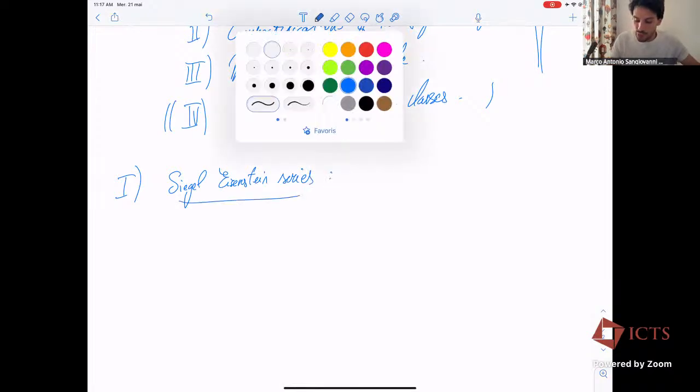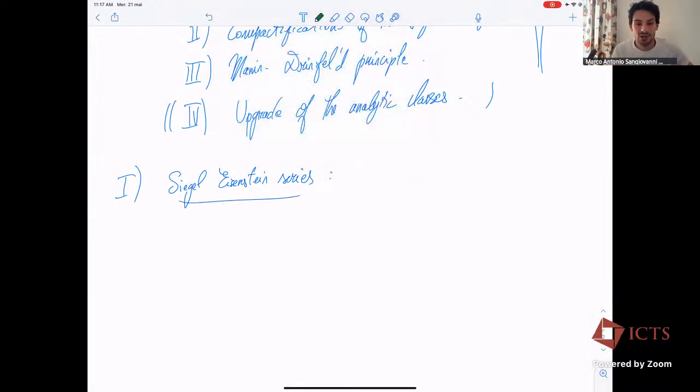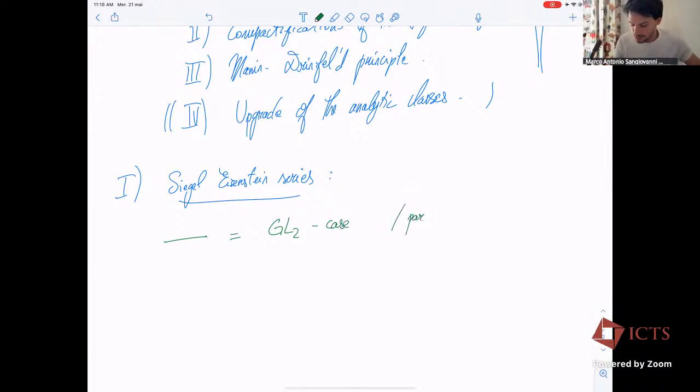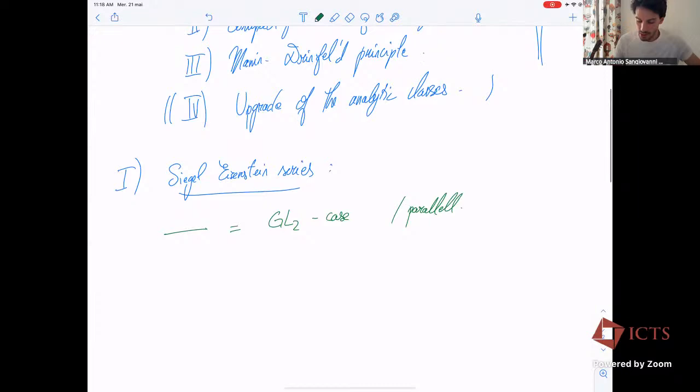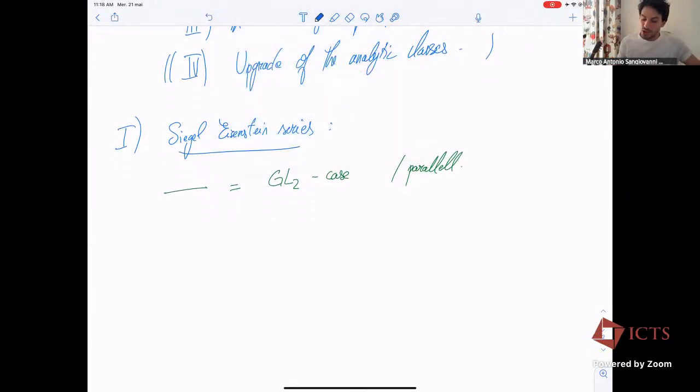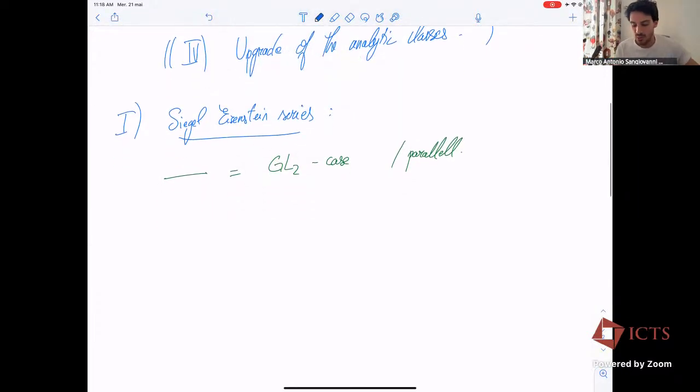There are a lot of parallels with respect to the GL2 case. So in green, I will write down the GL2 case, the parallel case, just to give you intuition about what the analogs of the objects that I will define in the Siegel case are in the GL2 case. First of all, let me introduce the analog of the upper half plane.